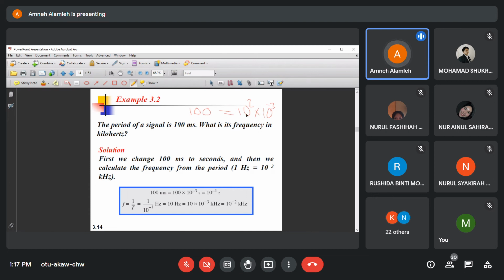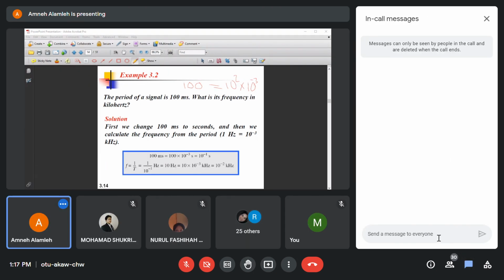Okay, write in the chat the answer. I want to see who will write the true answer. We want to multiply 10 to the power 2 by 10 to the power minus 3. Write in the chat. Write the answer, please.